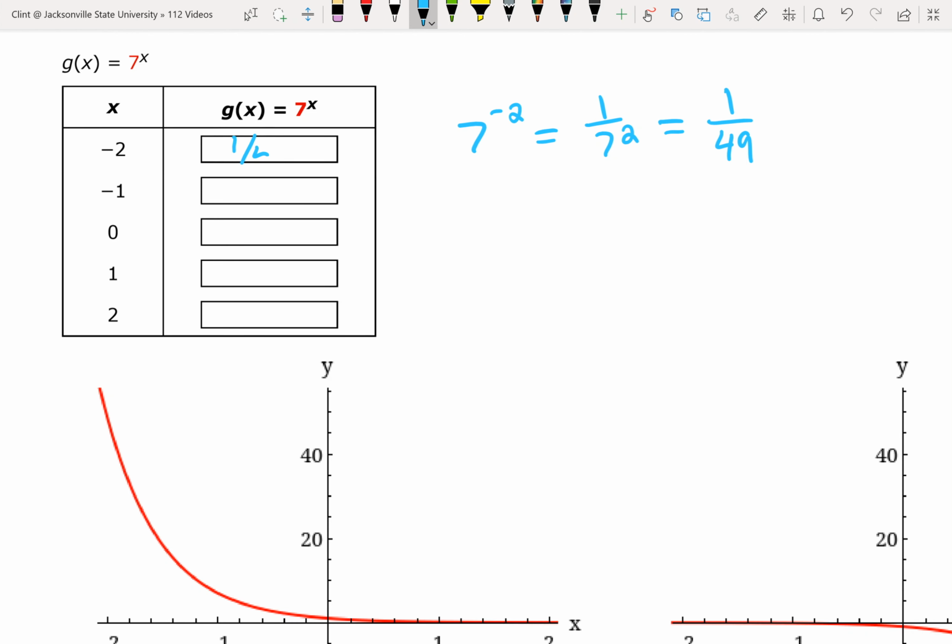And you can use a calculator. Okay, that's fine. 7 to the negative 1, that's going to be 1 over 7. Anything to the 0th power other than 0 is 1. 7 to the first power, that's 7. 7 squared, that's 49. That would be our table of values.